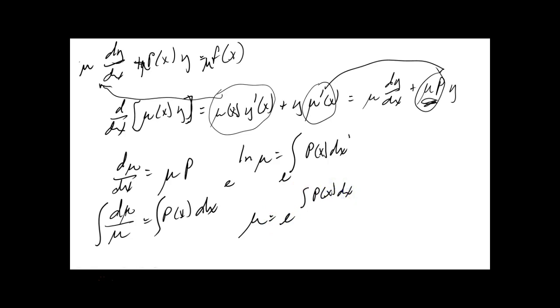If you choose that to be your mu, you can make that happen, and if you can make that happen, you've got it solved. Believe it or not, you do. Okay? So this is called the integrating factor. Mu of x is equal to e to the integral of p of x dx.